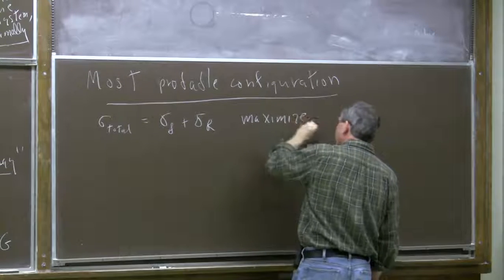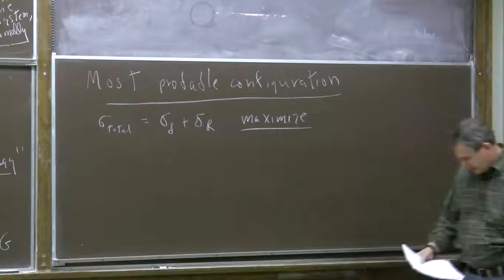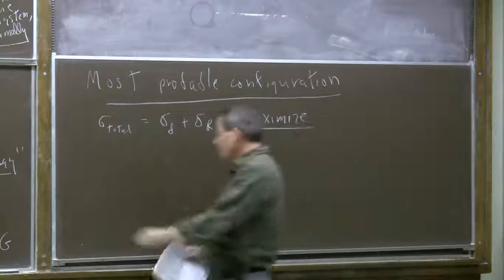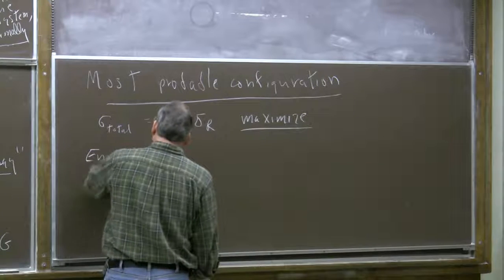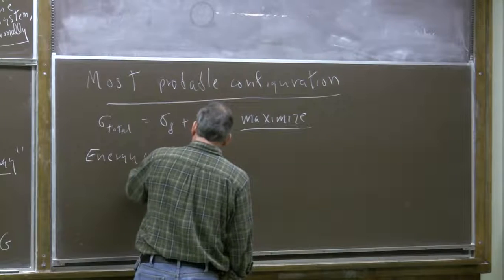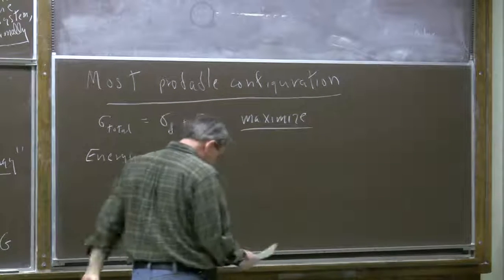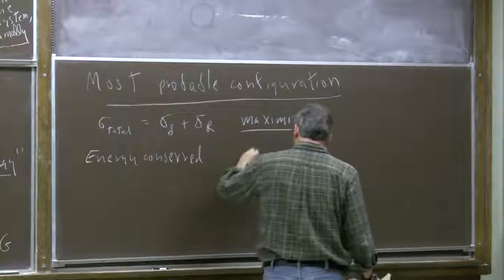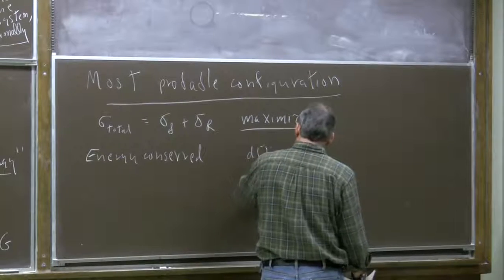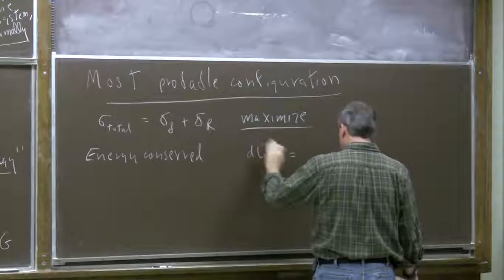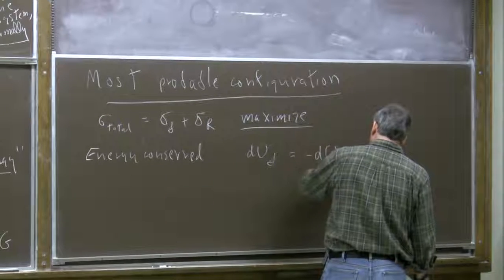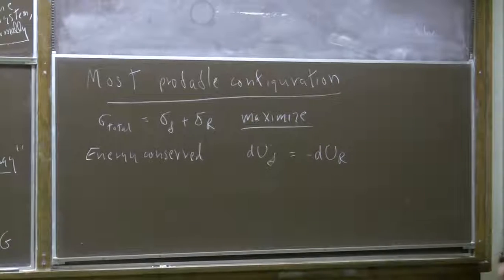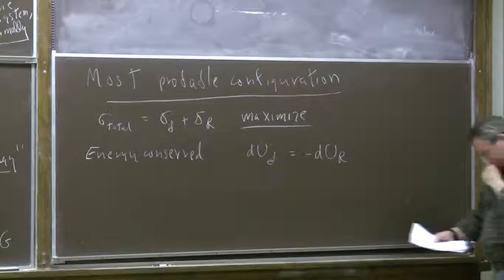It'll try to maximize that. That's its most probable configuration. And because of energy conservation, because the total energy is fixed, if the energy of the system increases by dUs, there's a corresponding equal and opposite change in the energy of the reservoir.